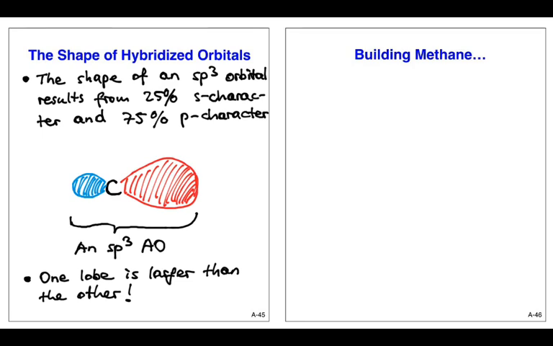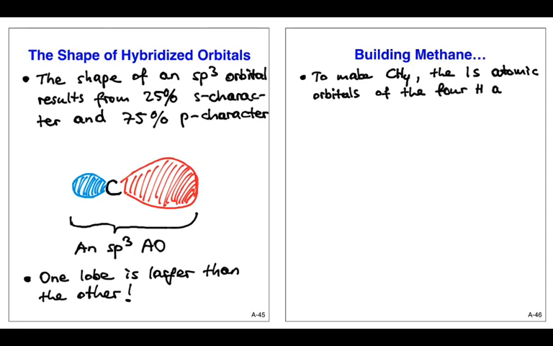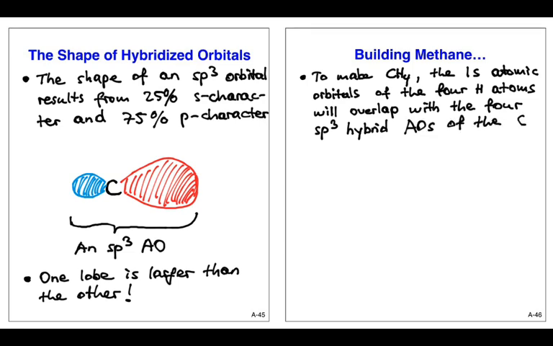So now we can take the 4 sp3 hybridized orbitals on a carbon atom and make methane out of it, a CH4 molecule. And how do we do that? We first draw a carbon atom, and it has 4 directions in a tetrahedral fashion, where we're going to make the CH bonds.